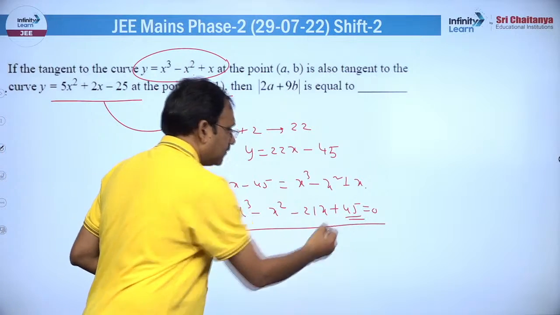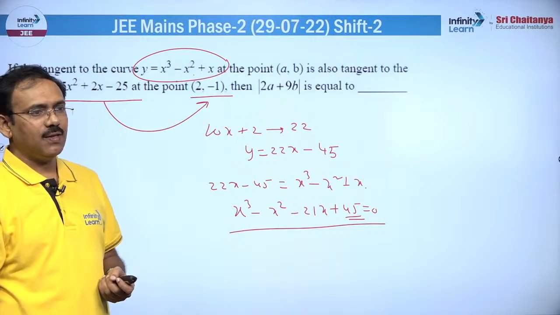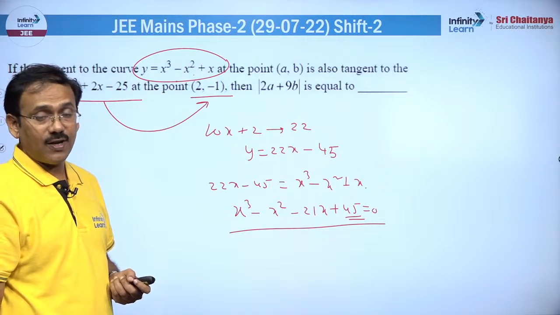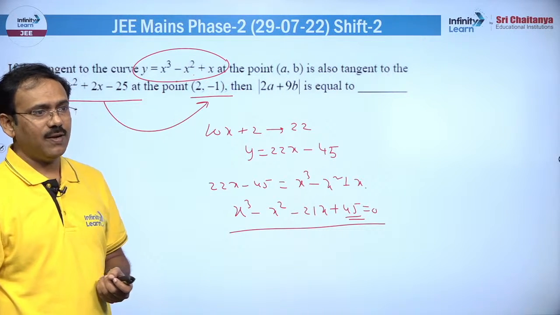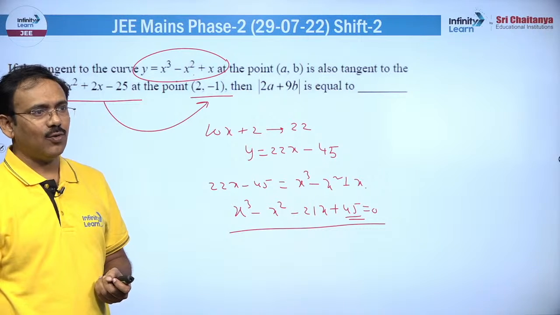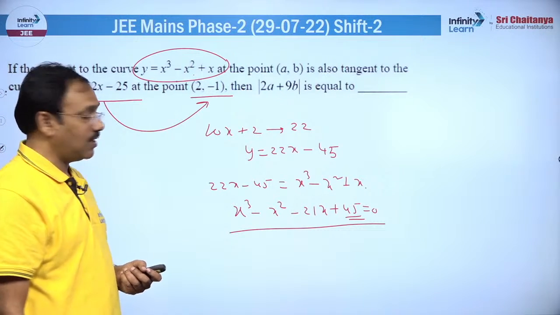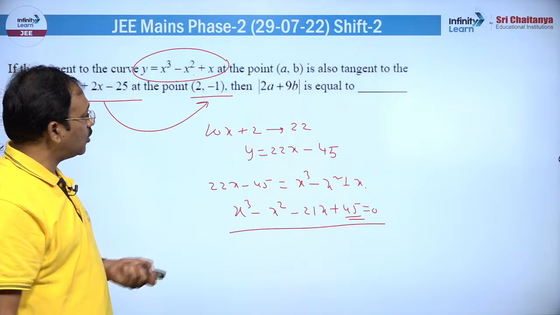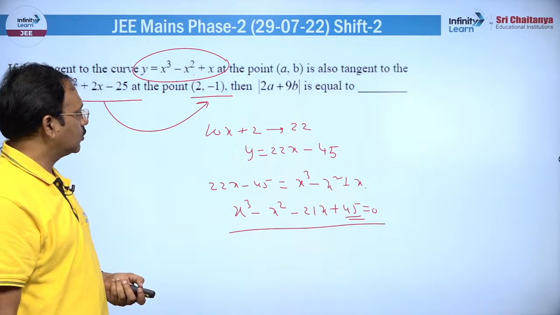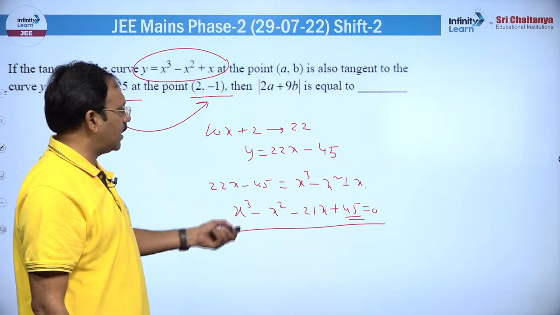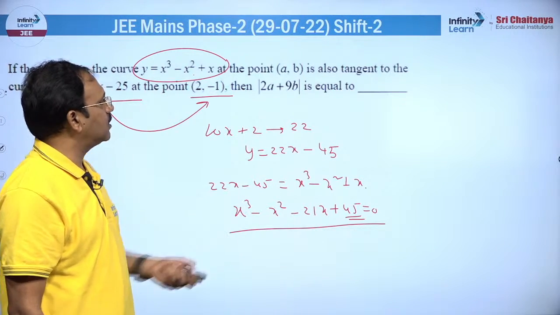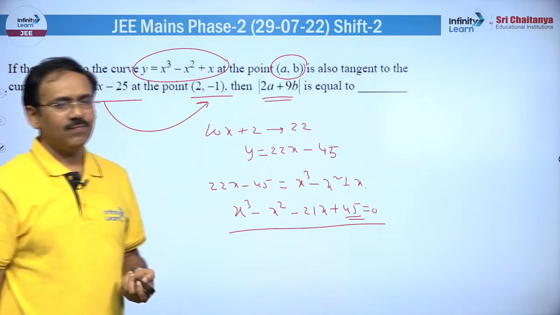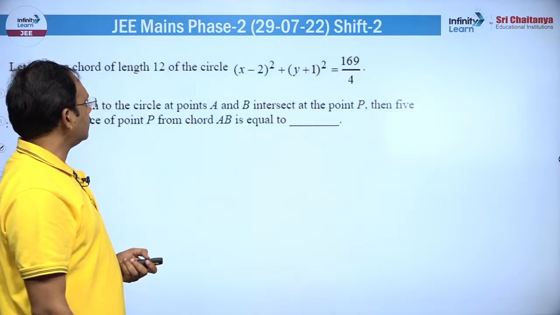For 45, the factors can be 3, 5, 9, like that you have to see. You are going to get one of the factors to be, guess, 3, and then you need to find the point of contact. Once you solve this, you will get the x value. For that x value in this, you get the a comma b point. That is the answer for this.